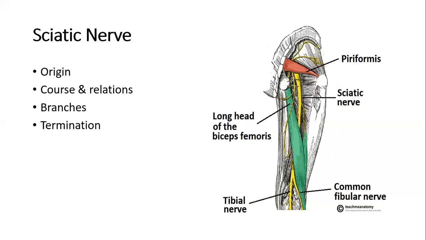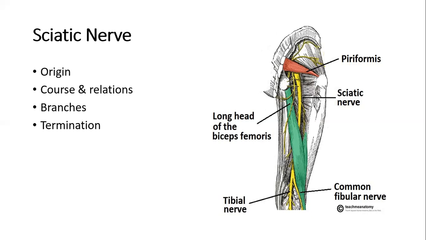So sciatic nerve continues to run down inferolaterally under the cover of gluteus maximus, midway between the ischial tuberosity and greater trochanter, so that during its course it lies on the ischial spine.